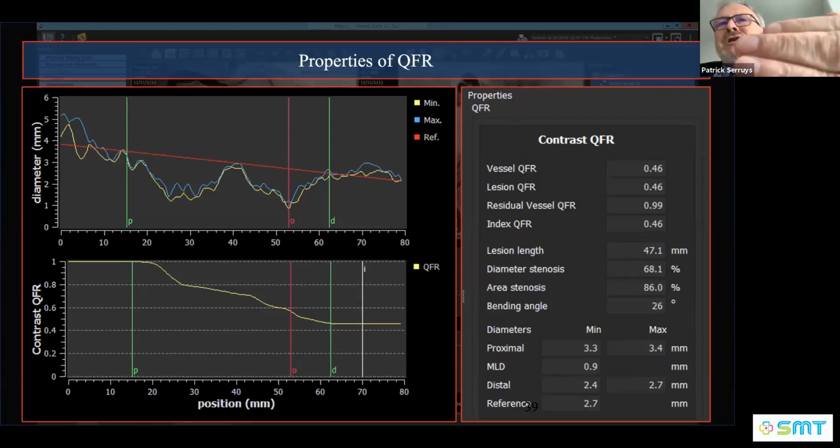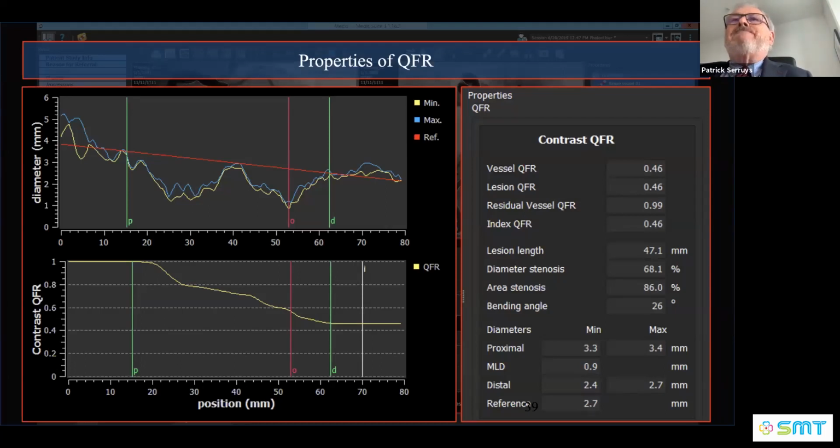You go the next day in the cath lab, you know the projection that you have to use because you have seen in 3D from the multi-slice CT scan. So you know in which view you have to film. If you find at that moment a QFR which is completely compatible with your FFR CT, you will go forward to treat or not to treat that lesion.